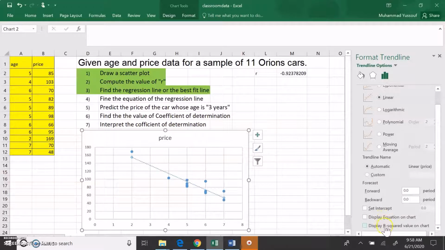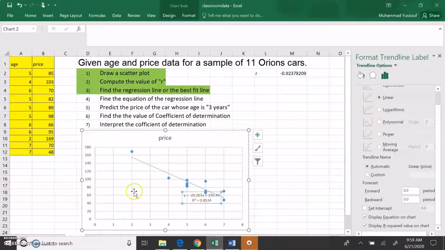The first one says display equation on the chart, and the second one says display R-squared value on the chart. Let me check these two boxes. I check display the equation on the chart, and an equation appears here. And the second one is display the R-squared value. I check this box and a value of R-squared appears.